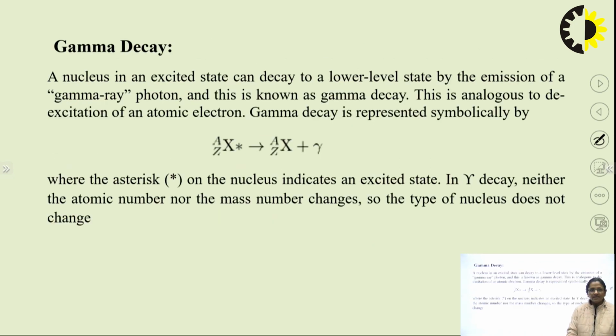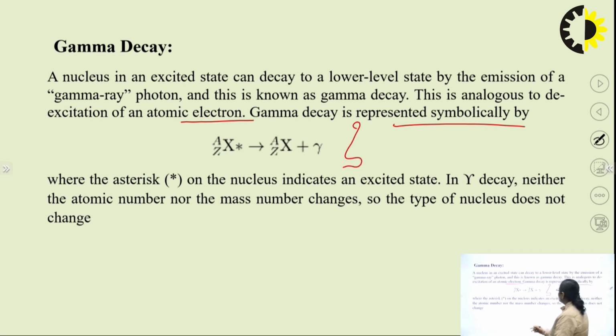Let us see the gamma decay. A nucleus in an excited state can decay to a lower level state by the emission of a gamma ray photon. This is known as the gamma decay. This is analogous to de-excitation of an atomic electron actually. The gamma decay is represented symbolically by the equation given over here.